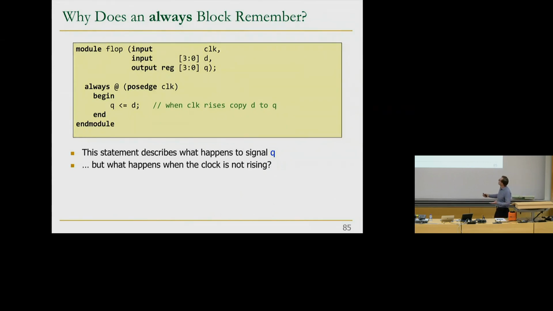What value does Q get? Well, this doesn't say, but implicitly, it's the value it got before. That's why it remembers. The value of Q that was captured in the past is preserved or remembered. So it's implicit in the always block definition that Q gets the previous value. You don't explicitly write it, clearly, right?